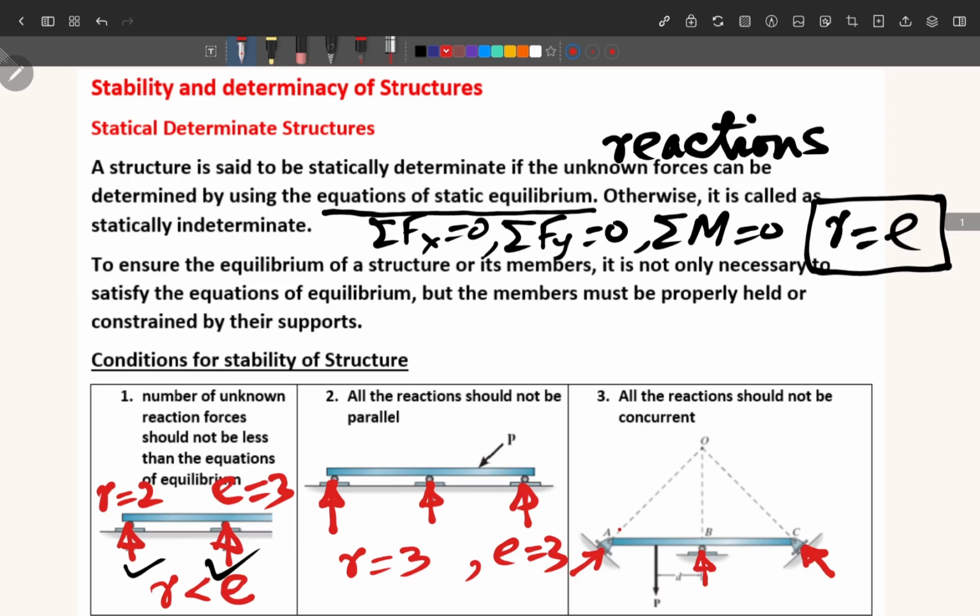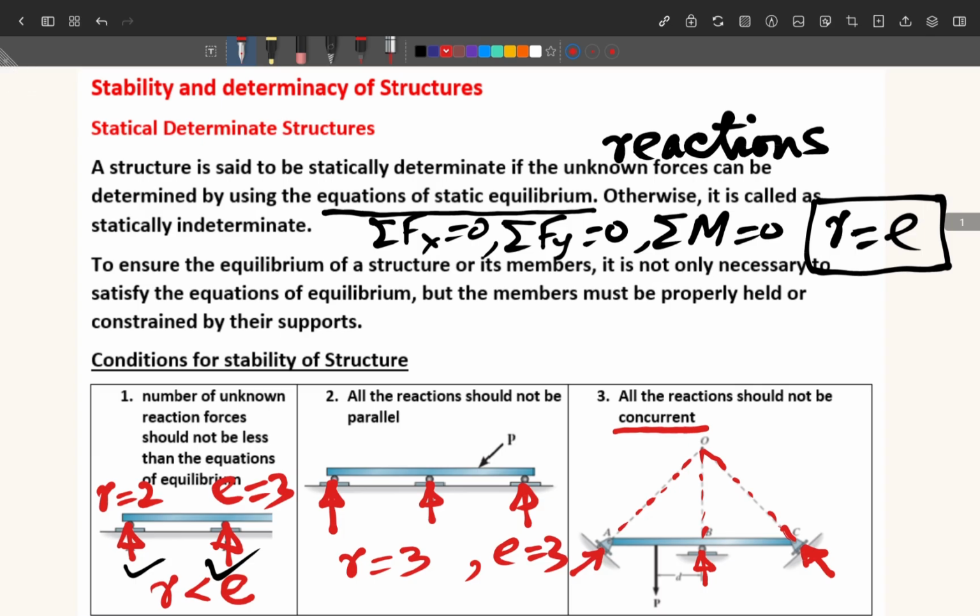So these three reactions will meet at one common point. When all the forces meet at one common point, we call them concurrent forces, meaning passing through one common point. So this should also not happen.